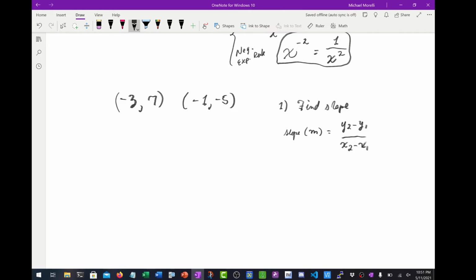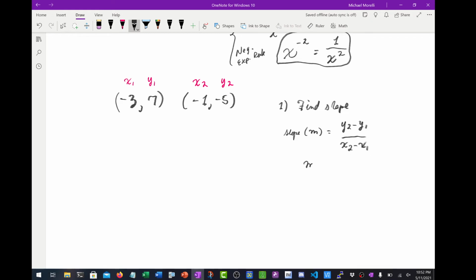And so now that I've started to introduce these letters, I need to label x1, y1, x2, y2. And so I can kind of plug the numbers in now over here.